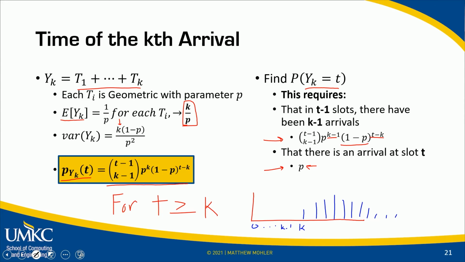And so one of the other things that will be important is that, let's say I'm looking at y sub k being the 5th arrival, whereas this graph, let's say, is for k equal to 3, or the 3rd arrival.